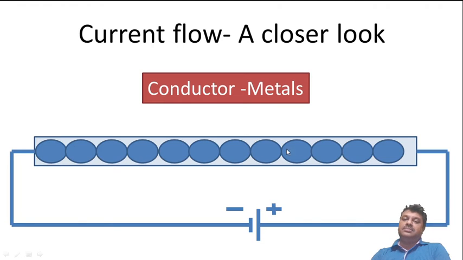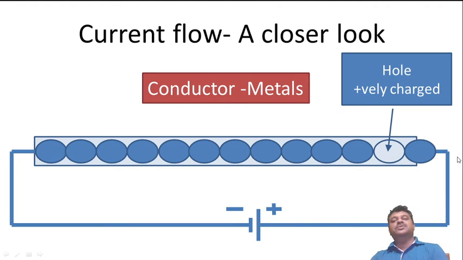This is a conductor, for example a metal. The blue circles represent free electrons. When this positive terminal is connected here, it will attract the negatively charged particles, because opposite charges attract, so they come towards the positive terminal.